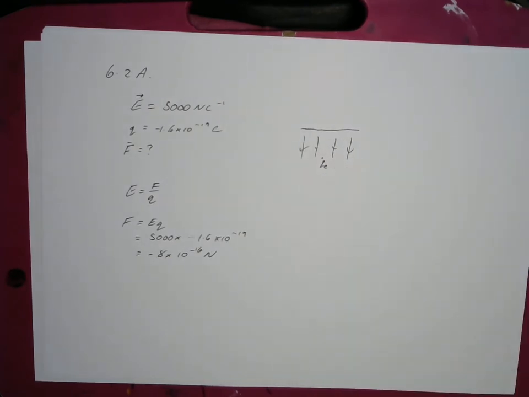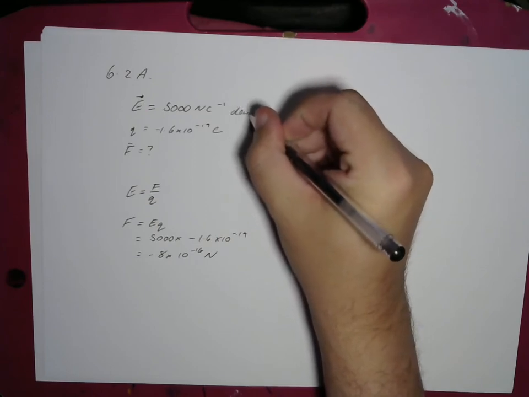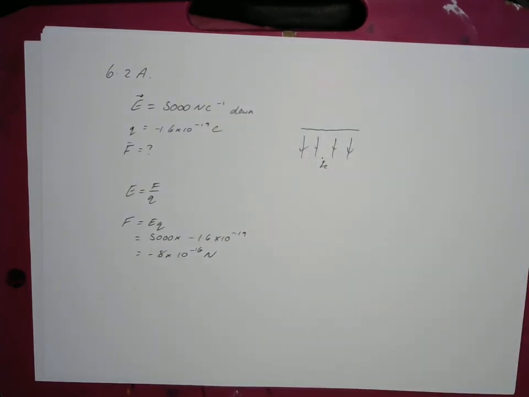So if the field is acting downwards, because it actually says here that the field strength is blah blah blah downwards, so I might actually put that here. Then that tells us that our electron must do the opposite, because remember, electric field is about what would happen to a positive charge.